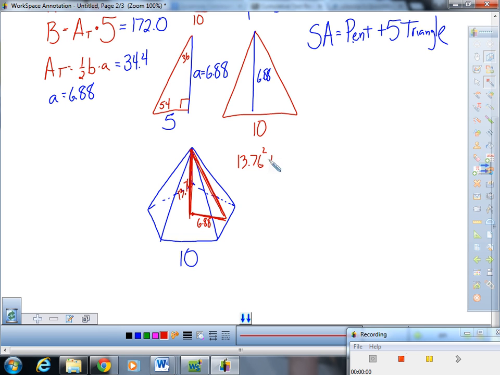So I'll say 13.76 squared plus 6.88 squared is equal to the slant height squared. Can someone just solve that for L? I'll do it. What'd you get? That's probably L squared, so square root that.